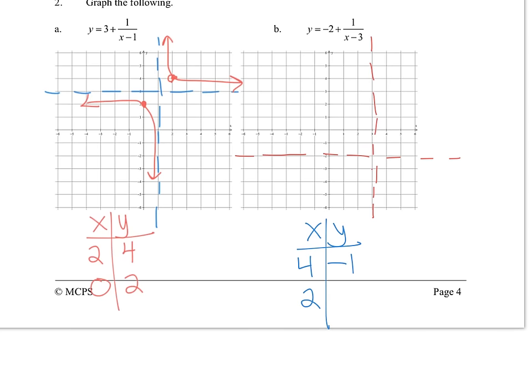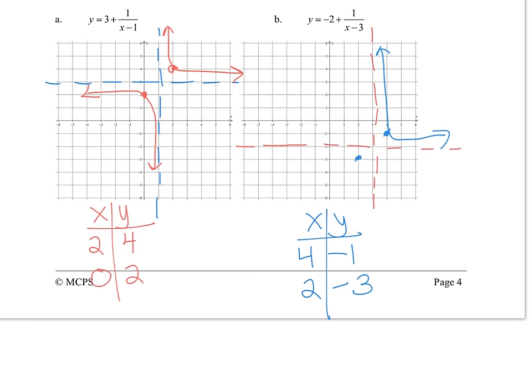And when you plug in 2, you get negative 3. So we get 4, negative 1, 2, negative 3, and approach your asymptotes. Do the same thing on my left part, and there's our graph.